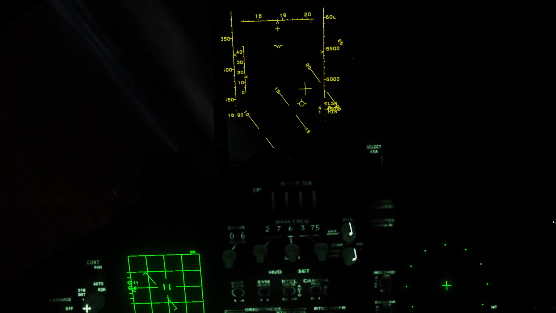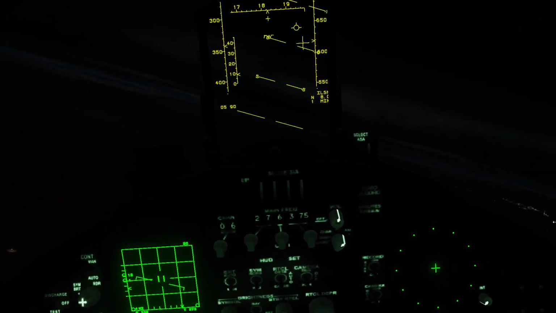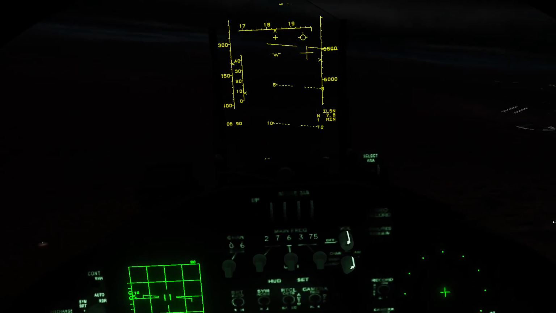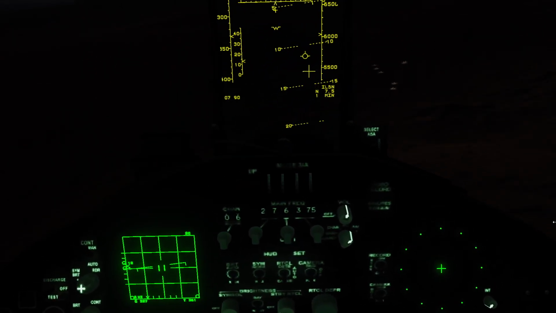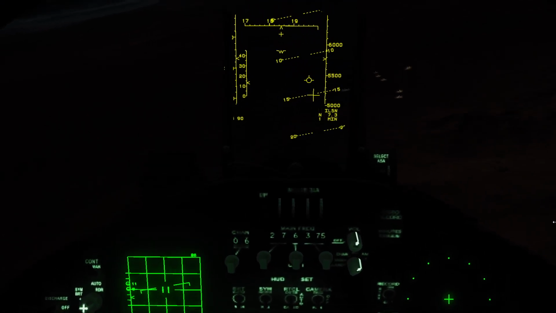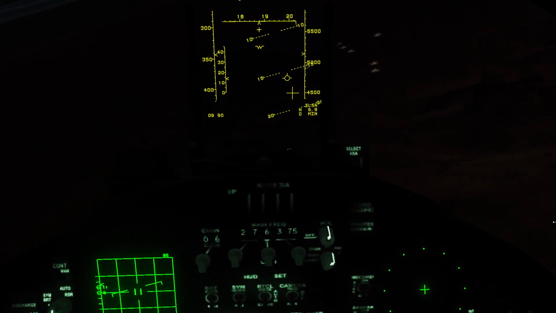On the airspeed. There we go. All I'm doing is chasing it. Alright, airspeed's looking not too bad. 7 miles to final. Bring my air brake out.